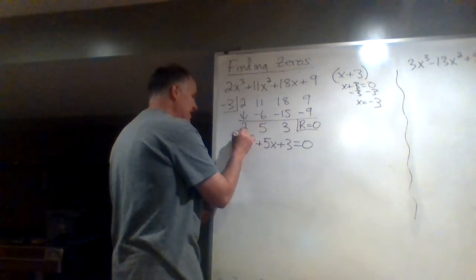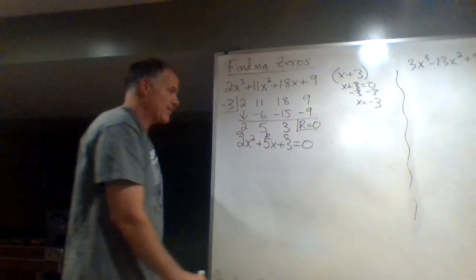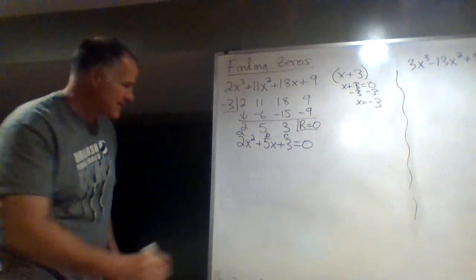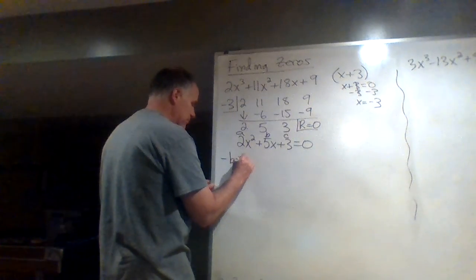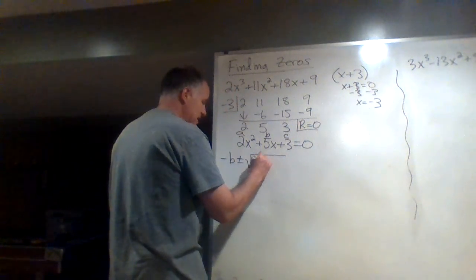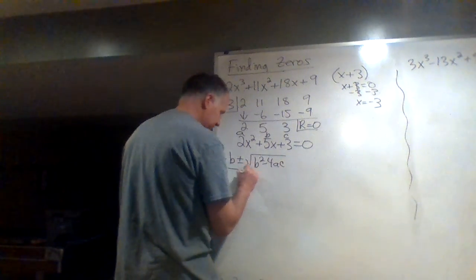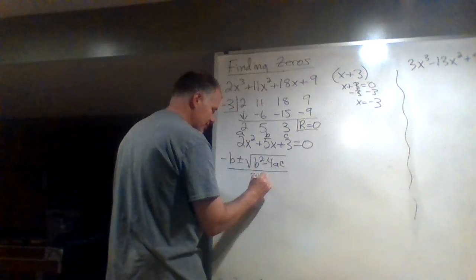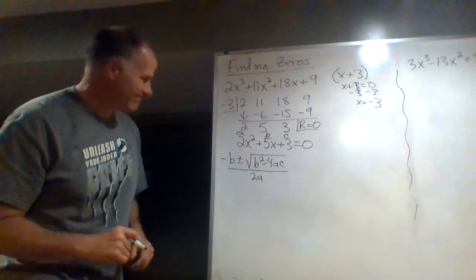So remember what we did, the A, the B, and the C. We labeled A, B, C, and we used this formula. Remember, -b plus or minus the square root of b squared minus 4ac, all over 2a. I'm sure everybody had that memorized, right?